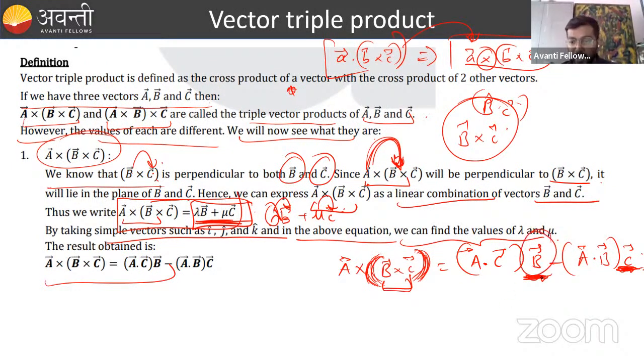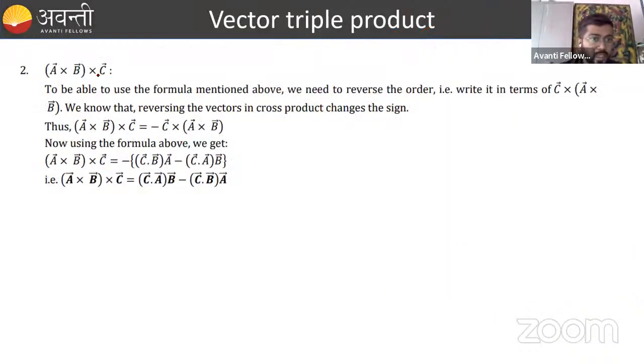If you are using b bar, then the dot product will be of a bar and c bar. If you are using c bar, then the dot product will be of a bar and b bar. So b and c are getting interchanged, and you can remember it like that.